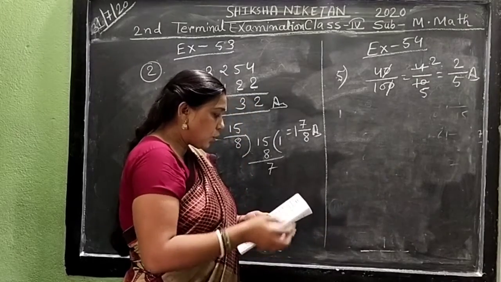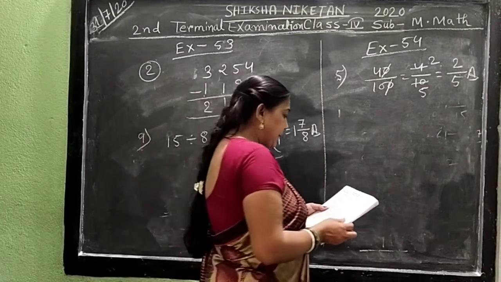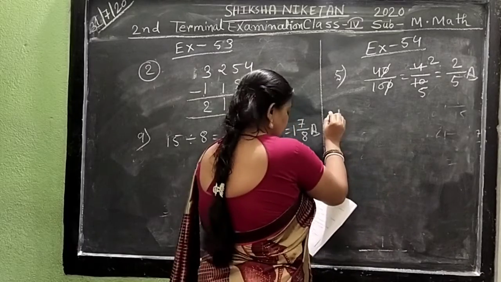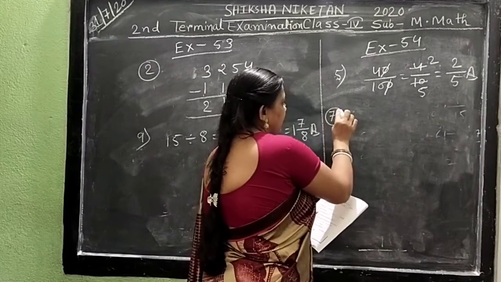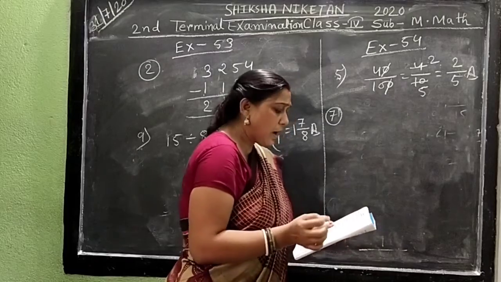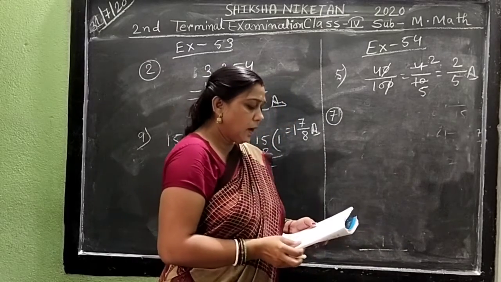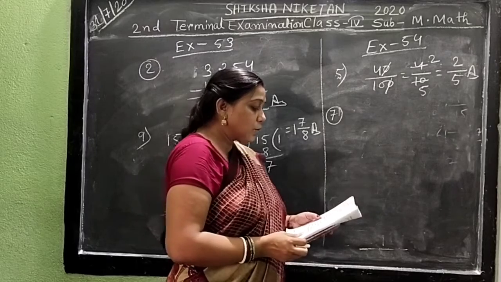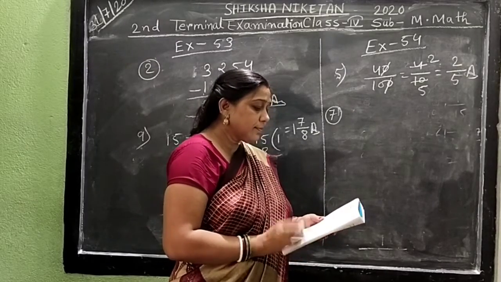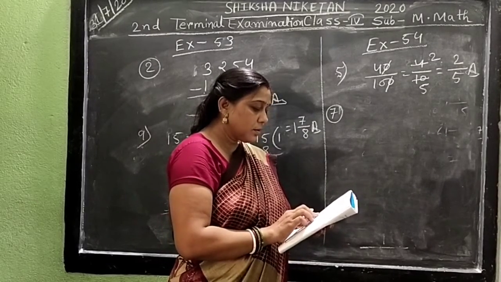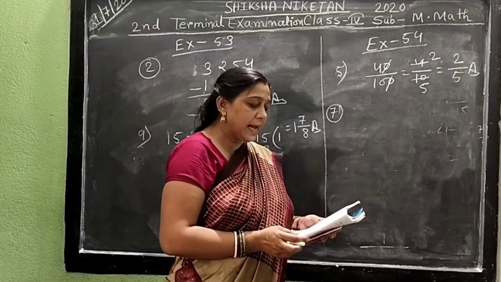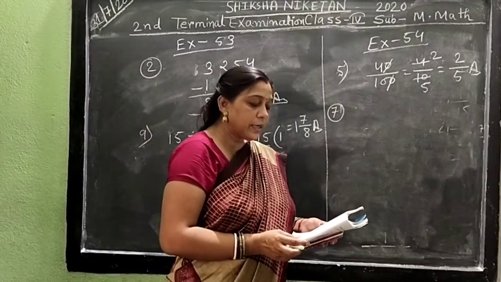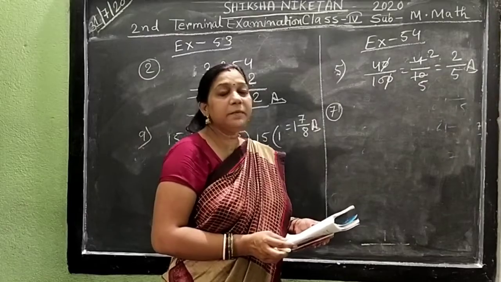I solve one more math of exercise 54. Math number 7. I chose a hard math for you. Okay, I solve this math. 1000 less than 15,87,950. Less than means subtract.